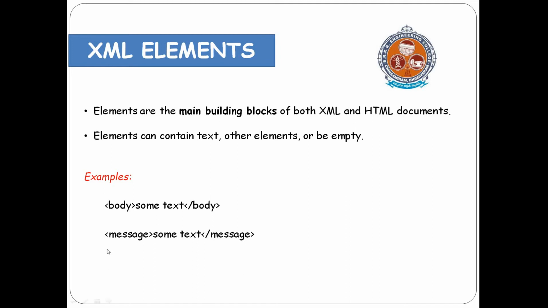In XML also it is the same: everything from the tag which is started to the tag which is ended. This whole combination is called an element. Elements can contain text, child elements and subchild elements, or elements can be empty also.